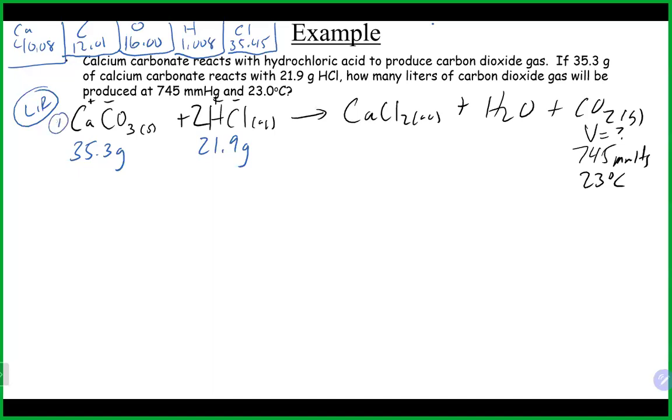The beginning part's sort of the same. We got a balanced equation. We're going to convert both of our guys into moles. So we got 35.3 grams of CaCO3. Going to the periodic table and adding up the molar mass, 40.08 for our calcium, 12.01 for our carbon, and 3 times 16 for our oxygen.